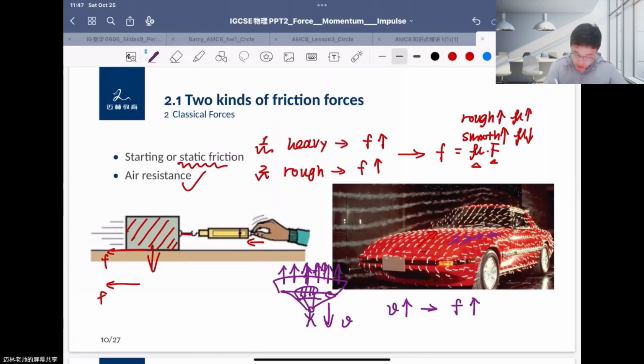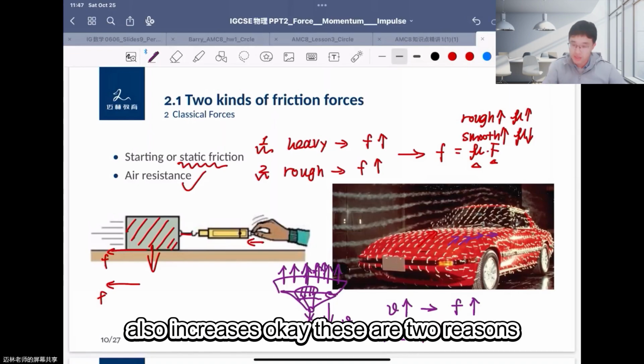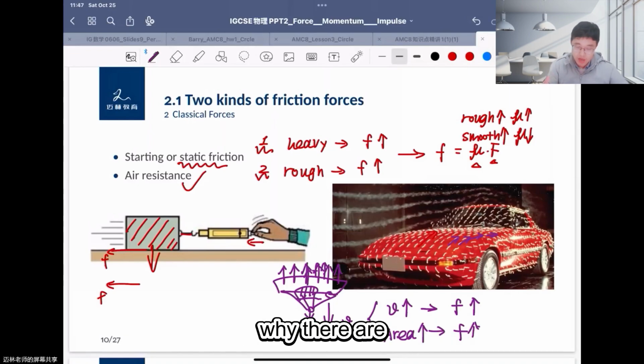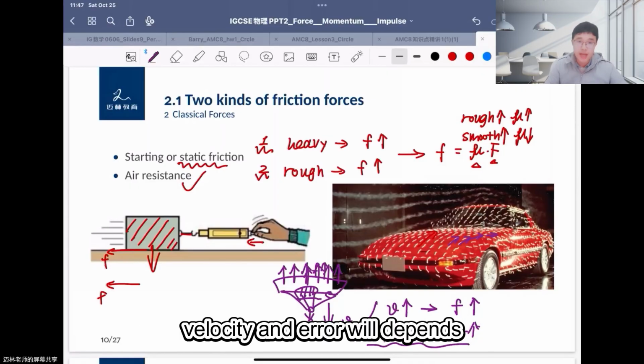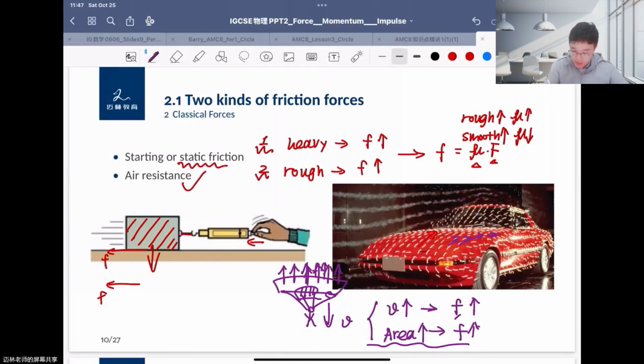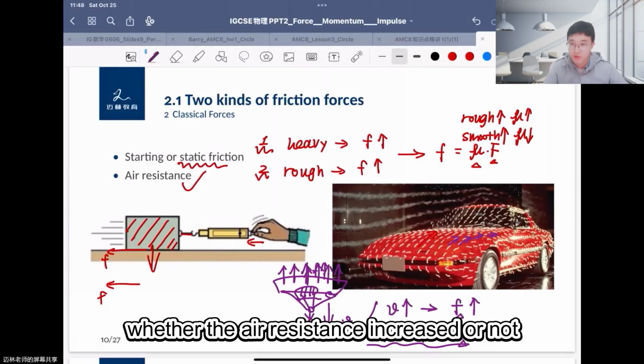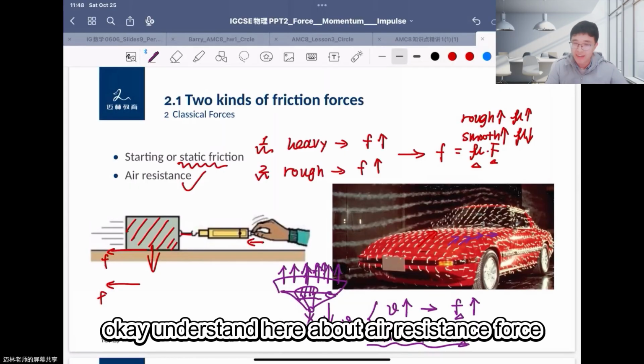That is because once the area increases, the air resistance force also increases. So these are the two reasons: velocity and area determine whether the air resistance increases or not. Do you understand air resistance force?